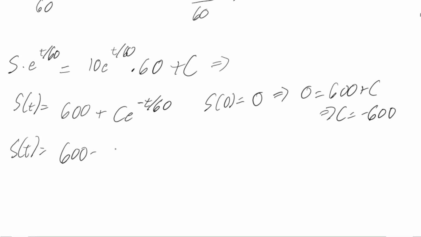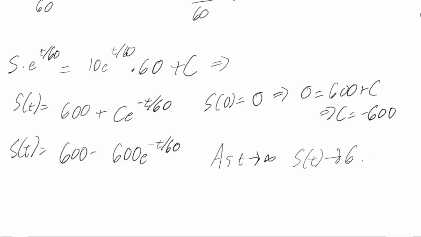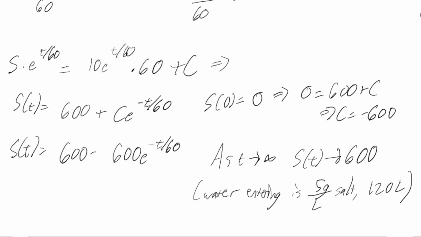Once we're done solving the ODE, we end up getting S of t is equal to 600 minus 600 e to the negative t over 60. Now, as time goes to infinity, the salt goes to 600, and this is a good sanity check. The salt should be going to 600 grams because we have 5 grams per liter of salt entering, and then we have 120 liters.